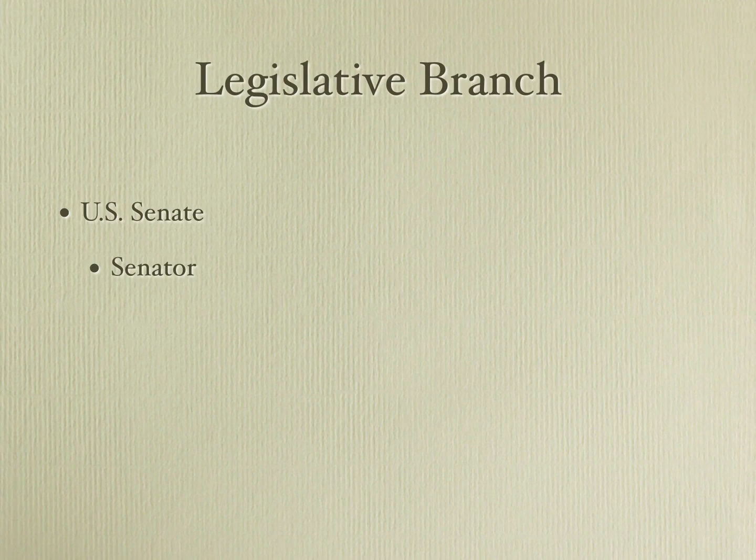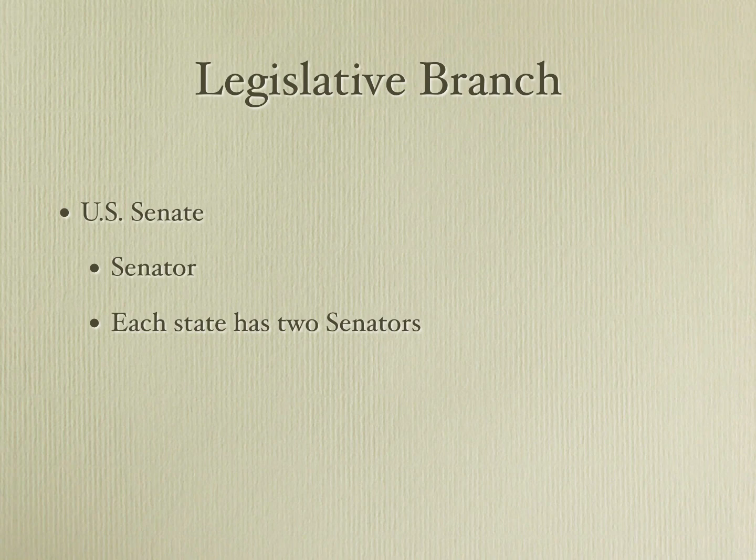The other branch is the U.S. Senate, and members of the U.S. Senate are simply called senator. Each state gets 2 senators. So no matter what the population is for that state, they still get 2 senators. What is the duty of a senator?